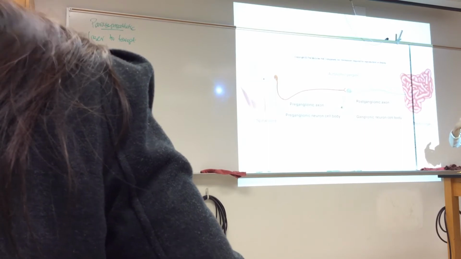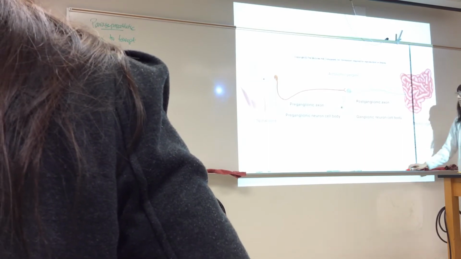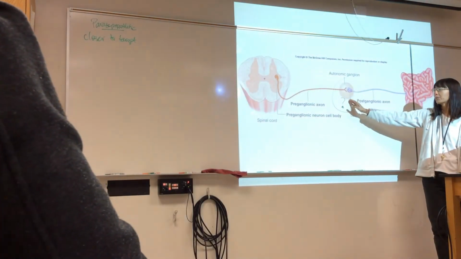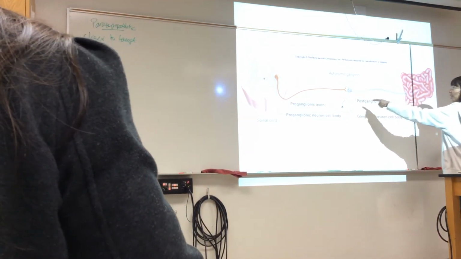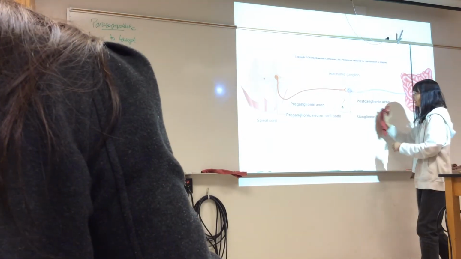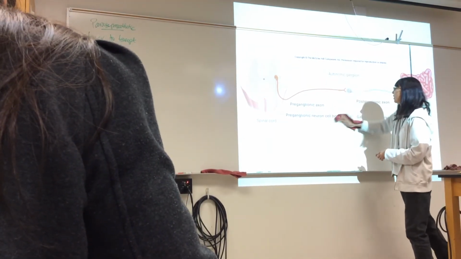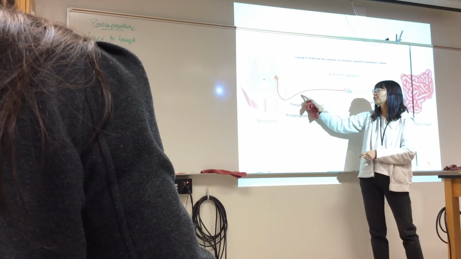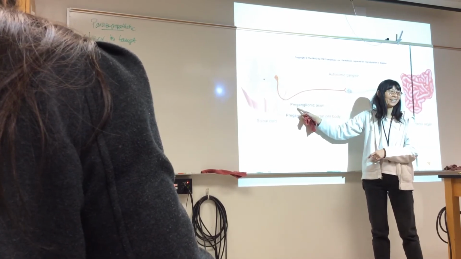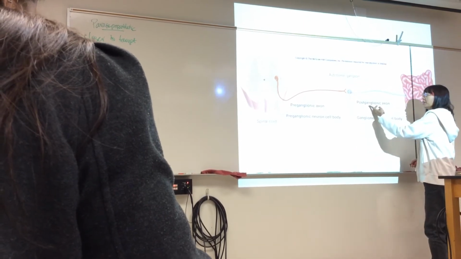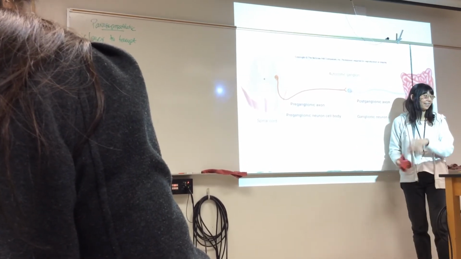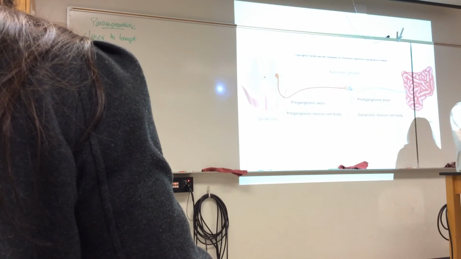Target muscle and gland. Okay. So once you remember that, everything is easy. Where is this darn ganglion? All right. So obviously, we call this neuron the preganglionic, get it? This one would be the postganglionic. Okay? No biggie, right? Easy?